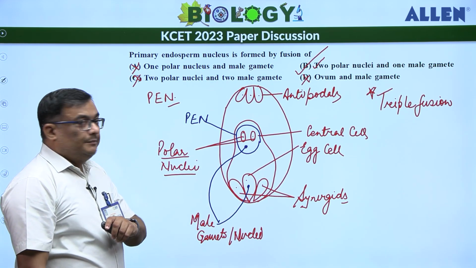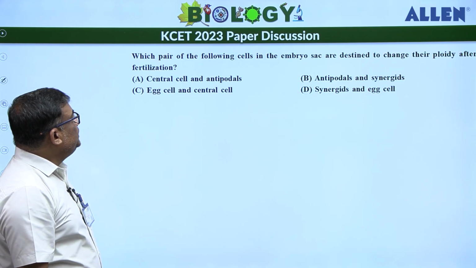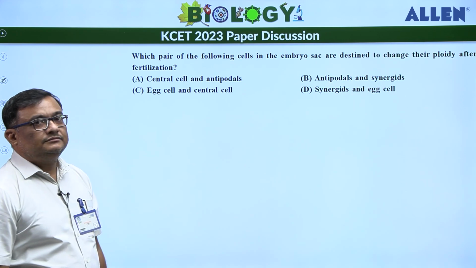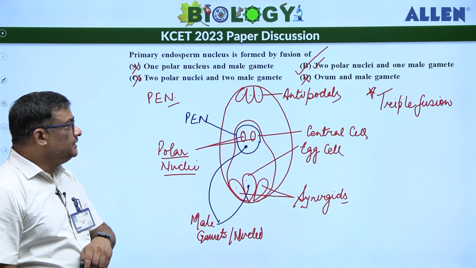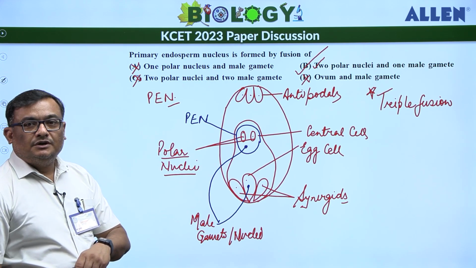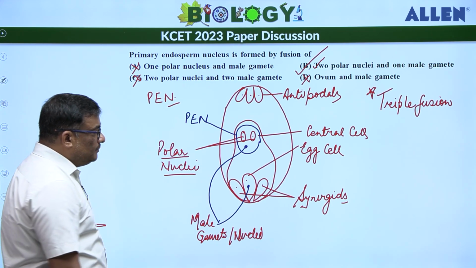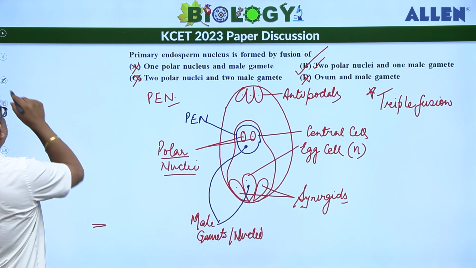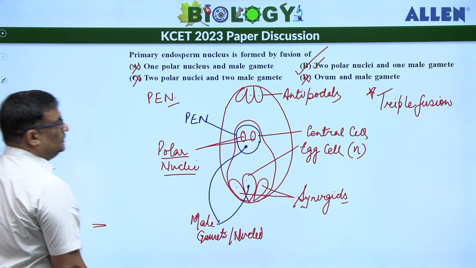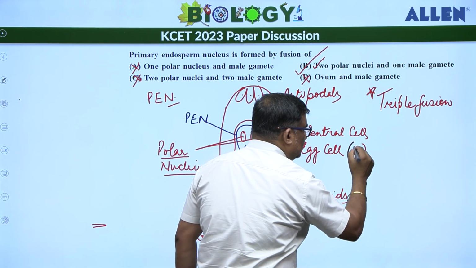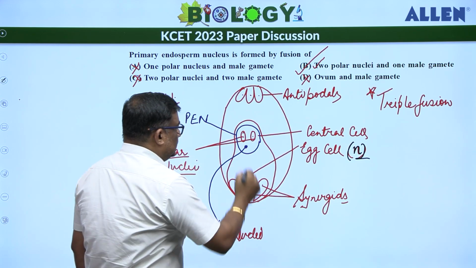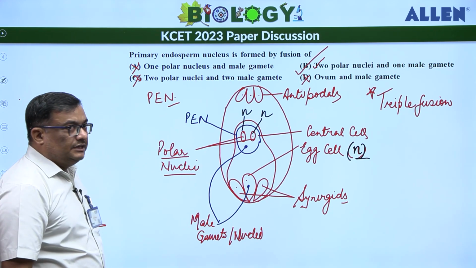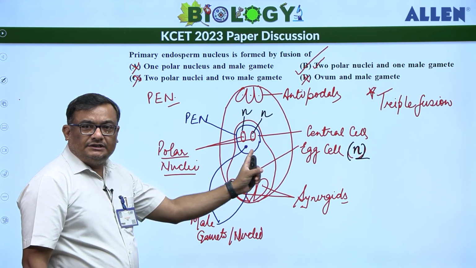Fine. Coming to the next one. Which pair of the following cells in the embryo sac are destined to change their ploidy after fertilization? If you go to the previous one, you can get the answer from there also. Which is changing the ploidy number? Normally, the egg cell was N. This is N. This is N. So after fertilization, the ploidy of the central cell is changing.